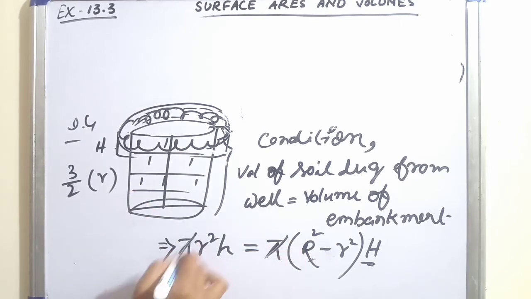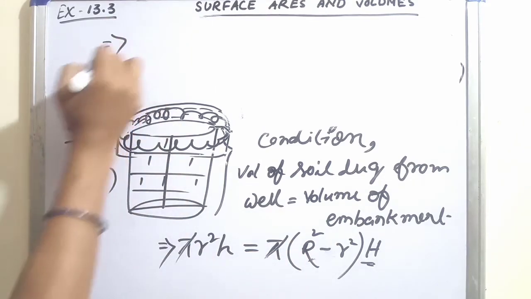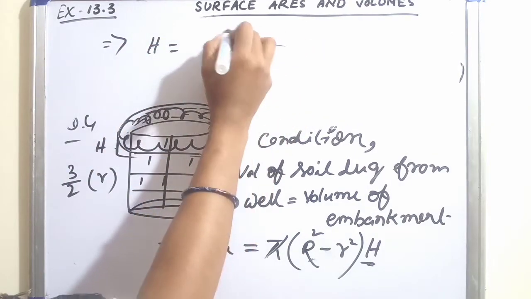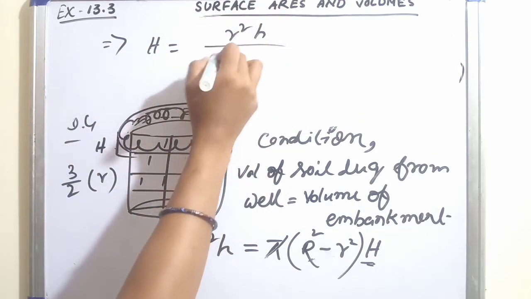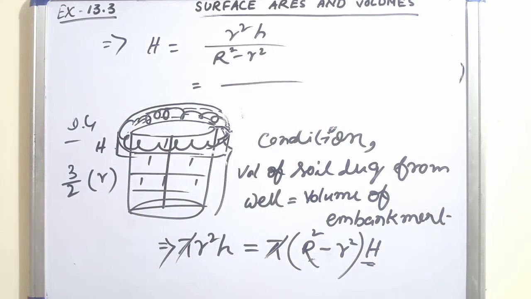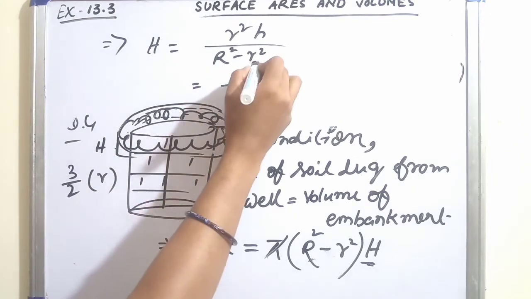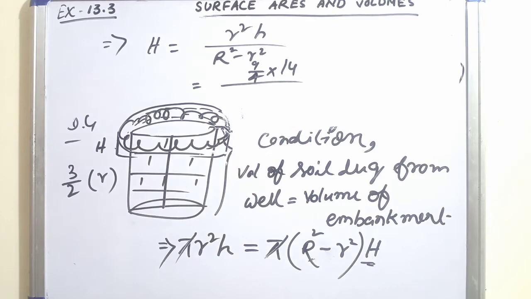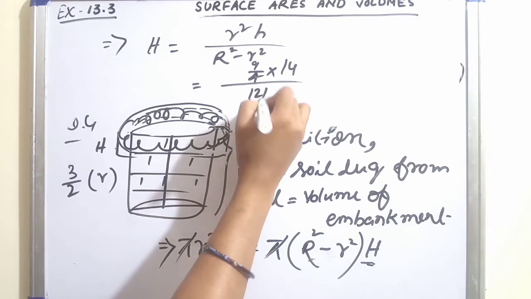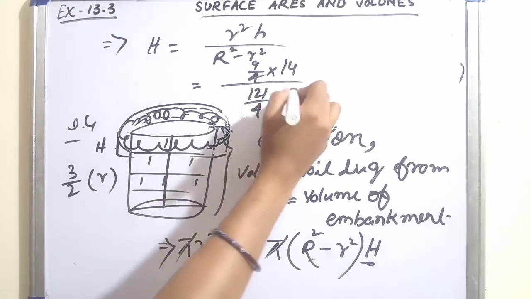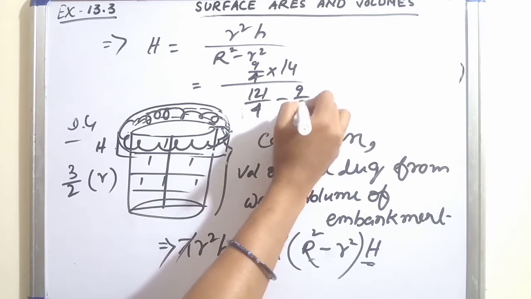So pi cancels out. This implies capital H is equal to small r square h by capital R square minus small r square. Small r square is 9 upon 4, h is equal to 14, capital R square is 121 upon 4, minus small r square, 9 by 4.